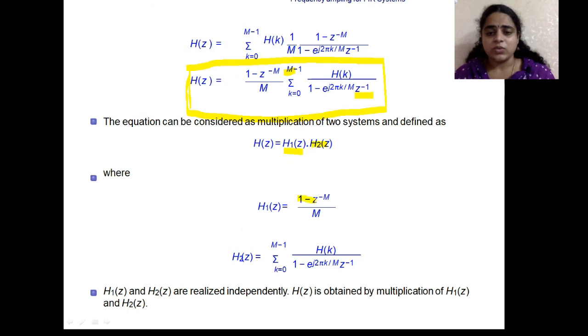H1 of z equal to 1 minus z power minus M by M. H2 of z equal to summation k equal to 0 to M minus 1, h of k by 1 minus e power j 2 pi k by M into z inverse. So H1 of z and H2 of z are realized independently. H of z is obtained by multiplication of H1 of z and H2 of z.